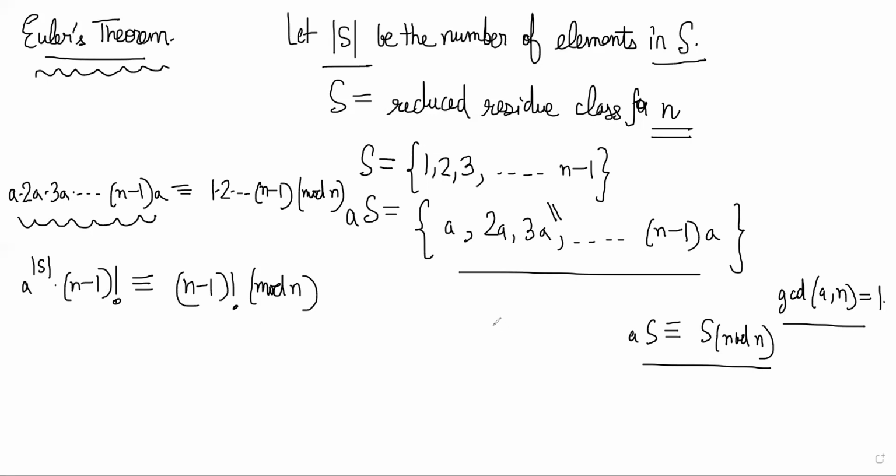If N is not a prime, we cannot cancel. We can't cancel if N is not a prime.